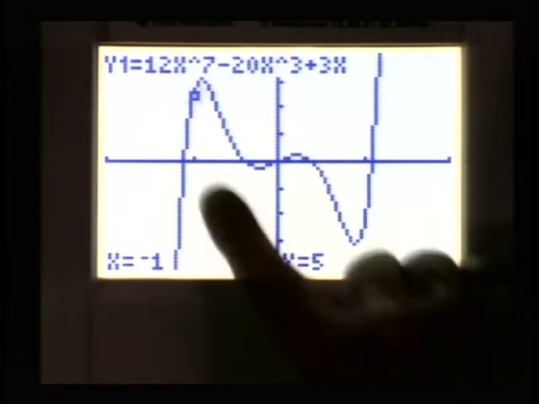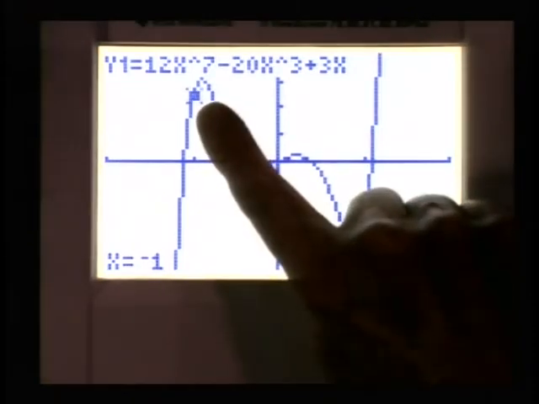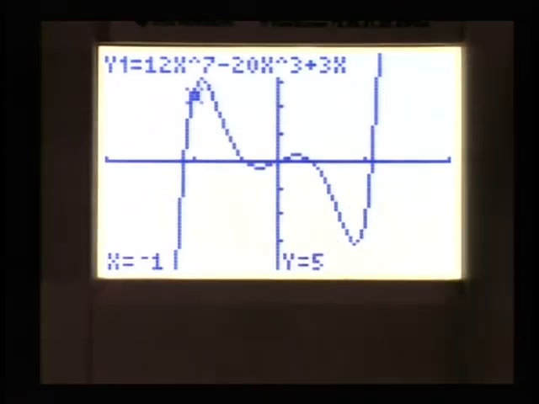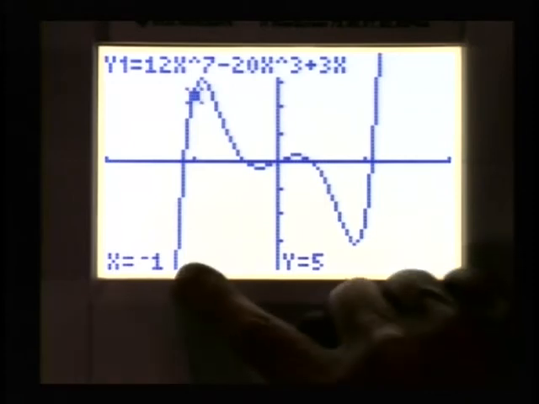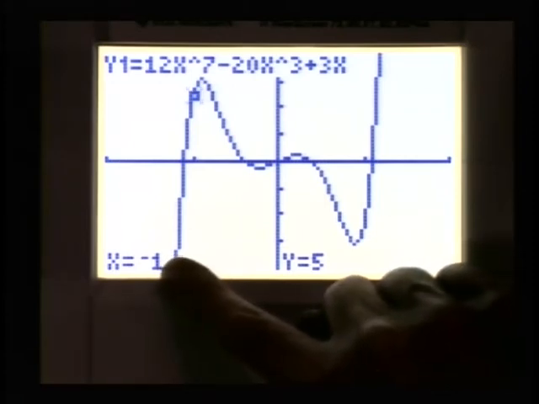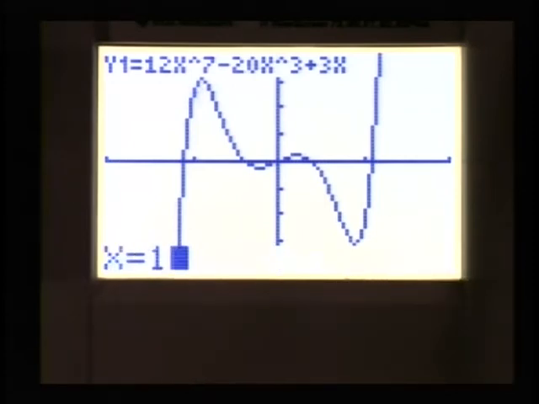The coordinates are at the bottom of the screen. How could we check this point now? Go over to +1. Change this to +1. I just hit 1, enter, and you see -5. And all other points will exhibit that pattern. You can see it from the picture. Okay?